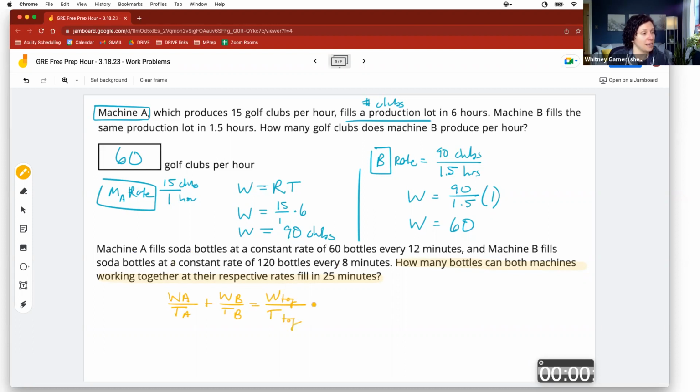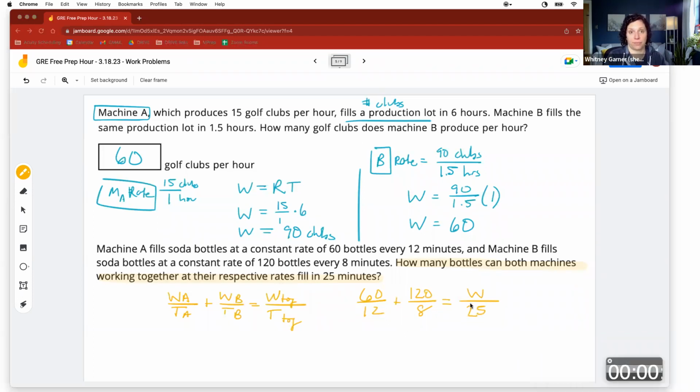So machine A can do 60 bottles every 12 minutes. Machine B does 120 bottles every 8 minutes. How many bottles? So that's this, how much work can both fill in 25 minutes? So notice I just fill it in like it's a formula.